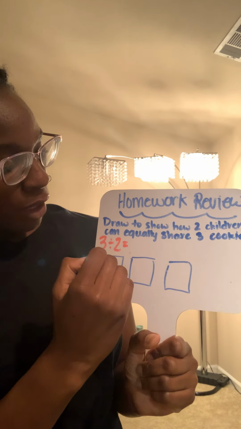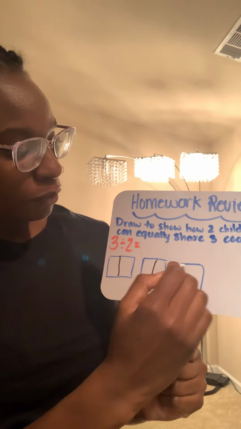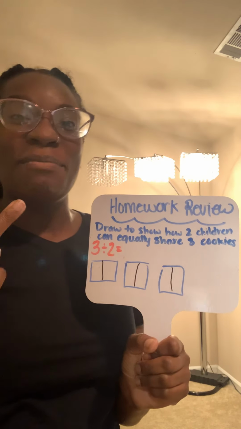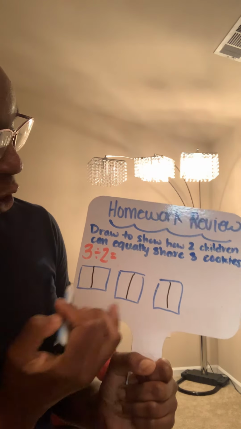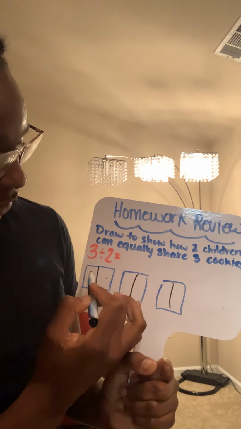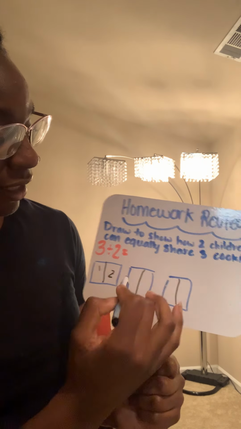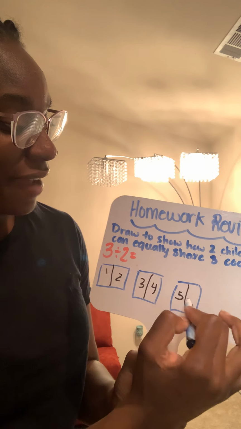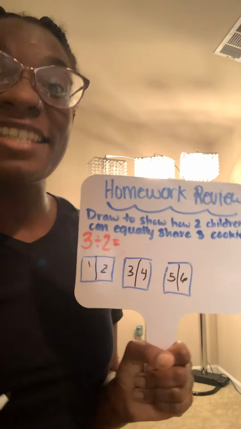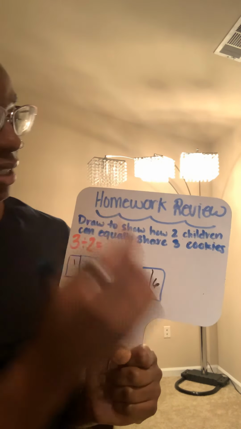All right? So we've got everything divided by 2. So now we've got 1 half, 2 halves, 3 halves, 4 halves, 5 halves, and 6 halves all together.